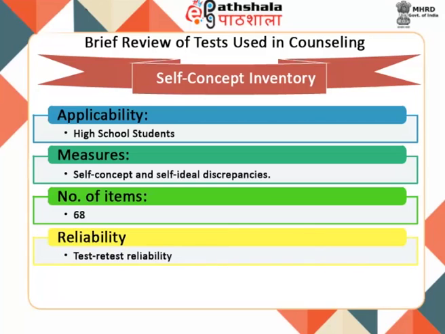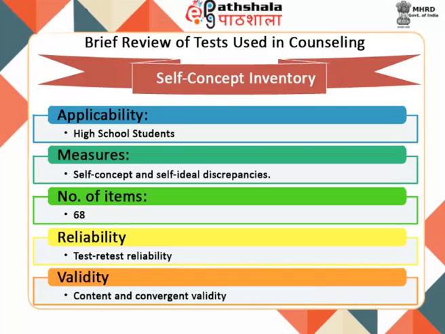Reliability: test retest reliability coefficient on self-concept scores was found to be 0.81 and test retest reliability on self-ideal discrepancies was found to be 0.72. Validity: content validity was established. Convergent validity with Dio's personality test also worked out.